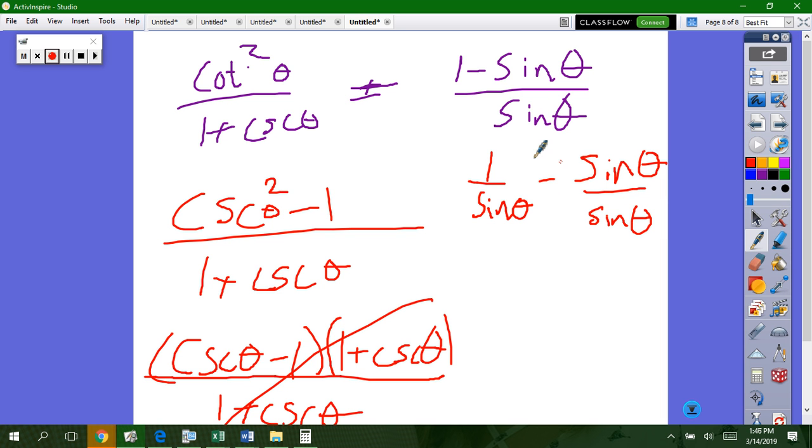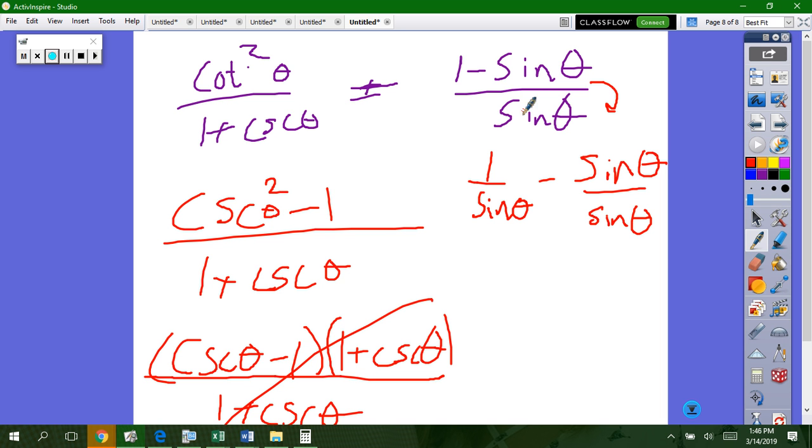Do you guys agree that this is the same thing as the one right below it? Yes, sir. In my book it is. It's out of my textbook. But do you guys agree that this goes to him?